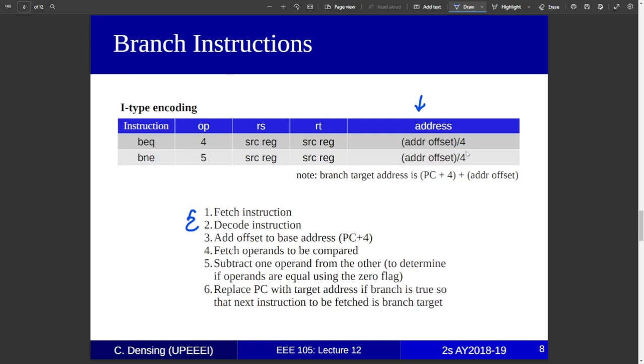Because it's the address offset over 4, this is number of words. So say for -3, this would be 3 instructions up, like 3 instructions before, or if it was say +2, this is 2 instructions after the branch.